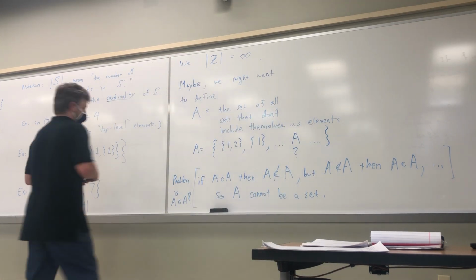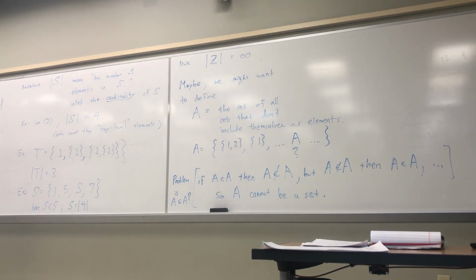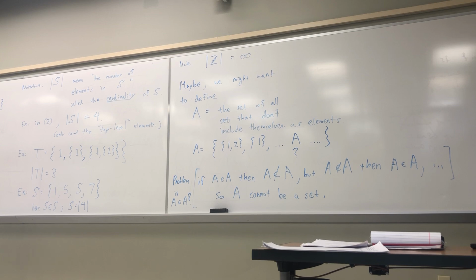Find a definition for the well-definedness of it. That's the only example, actually, that I know of that's not a set. Anything else that you define, you can decide. There's probably something else, I'm just saying off the top of my head, that's the only one I know of. If I made up another one, it would probably turn out to be the same kind of thing, where you refer to itself and then it turns into a contradiction.